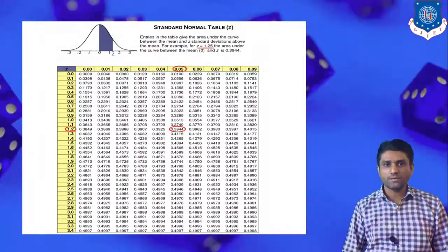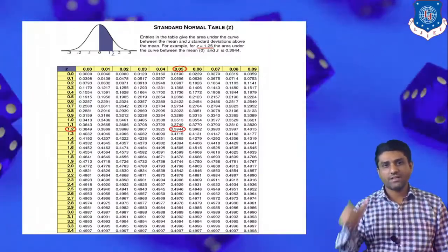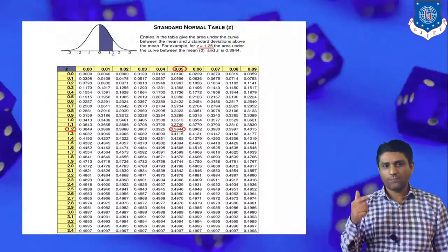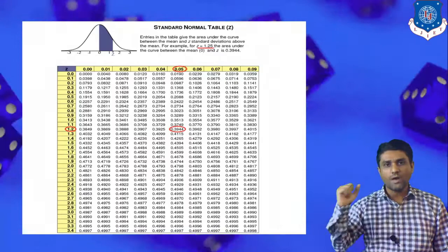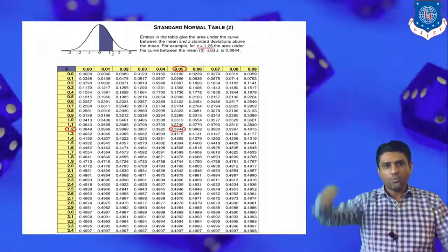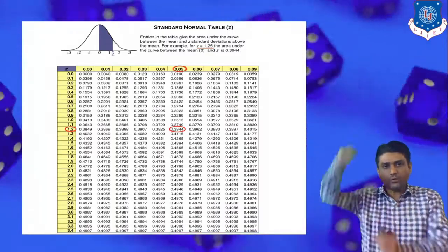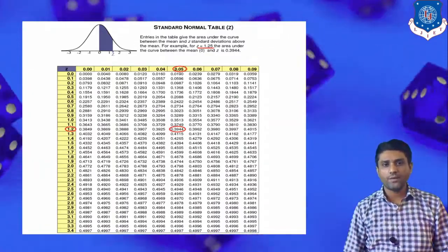In this slide we highlight in red, like an ellipse, 1.2 in the first column and 0.05 in the first row. The point of intersection corresponding to 1.2 and 0.05 has the value approximately 0.3944.